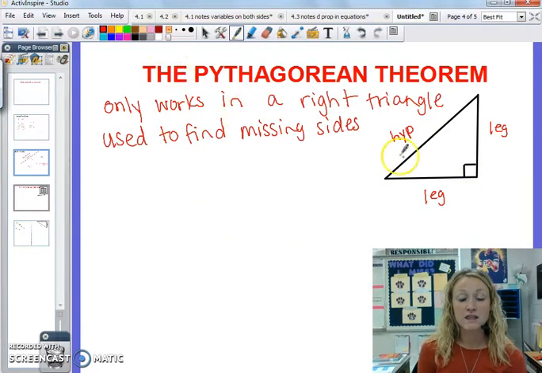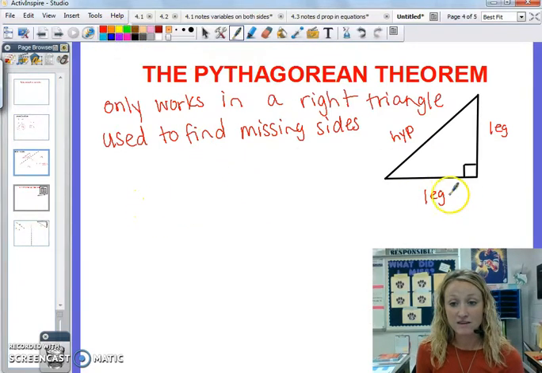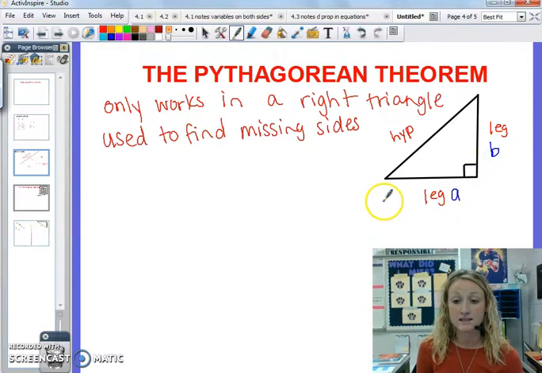The Pythagorean theorem uses three variables, A, B, and C. The A variable and the B variable are assigned to the legs. It doesn't matter which one, you'll see why in a minute. The C variable is assigned to the hypotenuse.